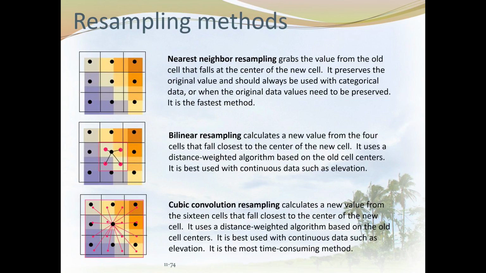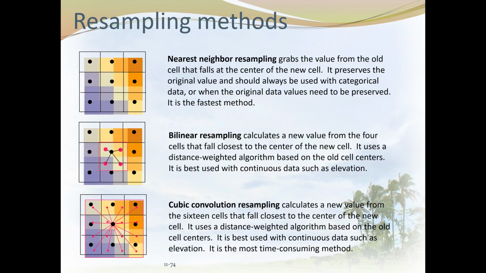In nearest neighbor resampling, the new cell is given the value of the old cell that falls at or closest to the center of the new cell, and assigns the value of the nearest pixel to the new pixel location. In bilinear resampling, a distance-weighted average is taken from the four nearest cell centers, and assigns the average value of the four nearest pixels to the new pixel location.